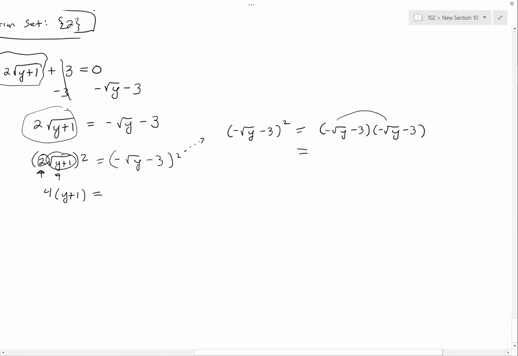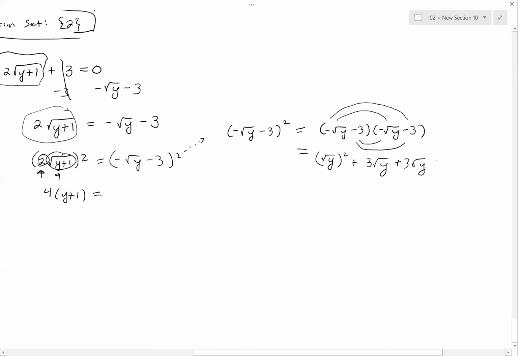Multiplying this out, a negative times a negative is a positive. So I'll end up with the square root of y times itself, which is the square root of y squared. If I multiply the outer, I'll end up with positive 3 square root of y, the inner positive 3 square root of y, and the last a positive 9.